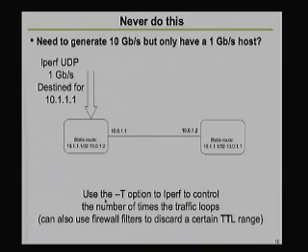And like I said, never do this. But we had to see if we could actually stress this link. So we set the TTL, and the traffic went around n times and got discarded. I was a little paranoid, so I actually put a firewall filter in that also discarded it when the TTL was in a certain range, just because I wanted to make sure it went away. This actually did work quite well for us. Like I said, never do this.